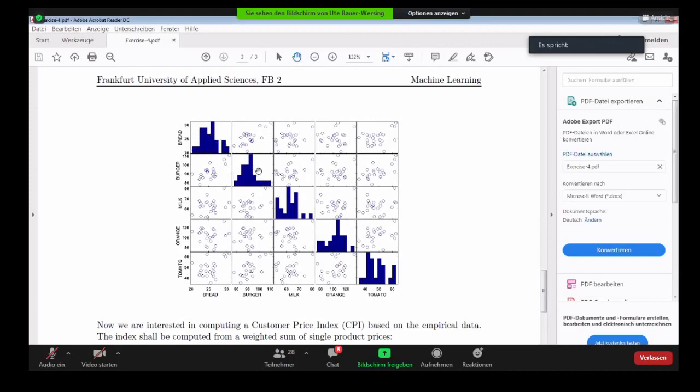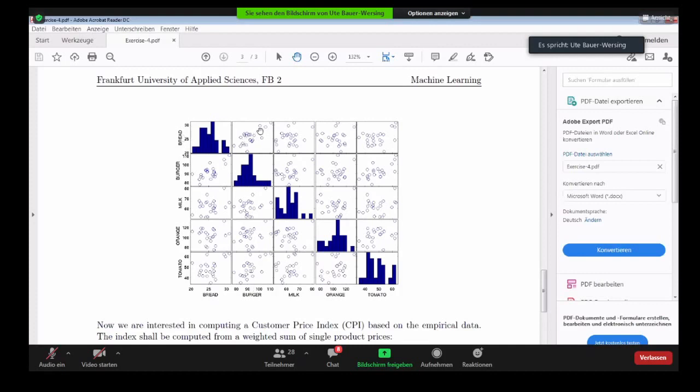This is how expensive burgers are overall, milk, oranges, and tomato. On the off-diagonal of this matrix, we see the correlation of bread and burger prices.